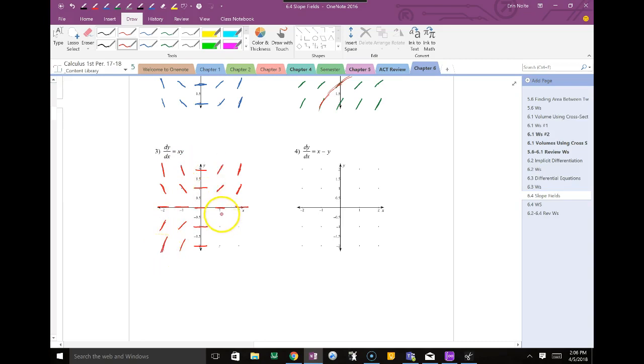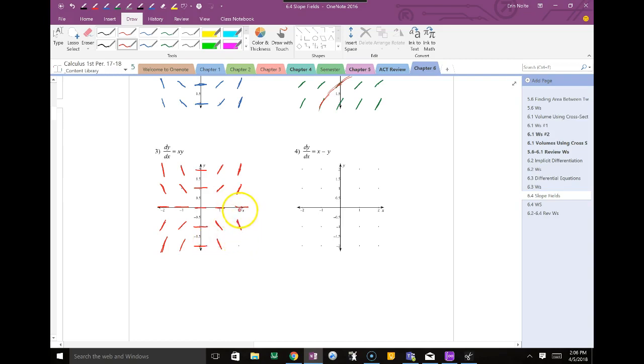Last quadrant, negative 1 times 1 is going to be a negative 1. At the point 1, negative 2, negative 1 times negative 2 is negative 2. At the point 2, negative 1, 2 times negative 1 is negative 2.